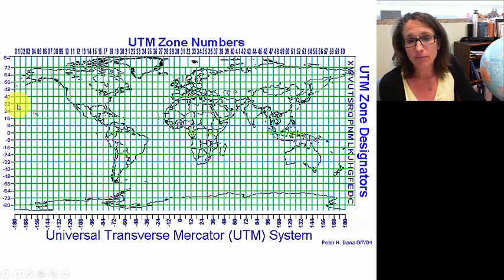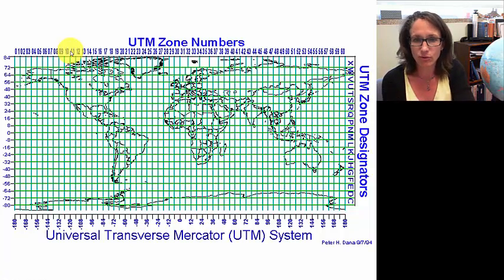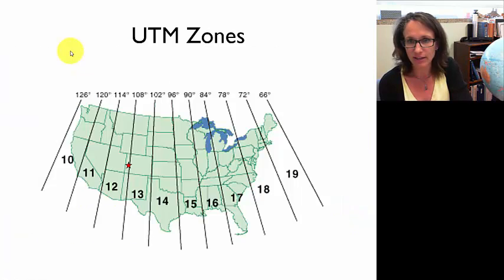But we are in zone 12 north, UTM zone 12 north, and we happen to fall in this S category, which I think is really goofy that they left N and S in there, but they took out I and they took out O. So I don't know. I don't understand that. But really all you need to say is give the northing and easting, UTM zone 12 north, and that should take care of it.